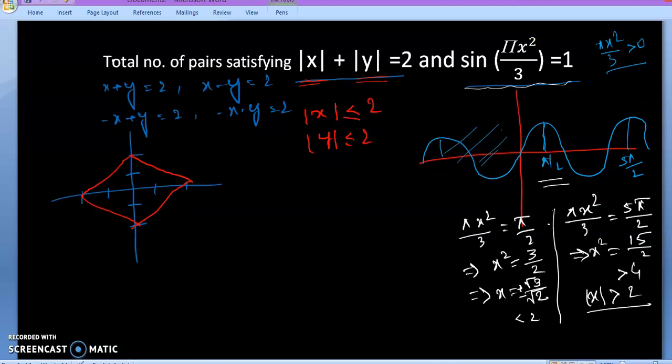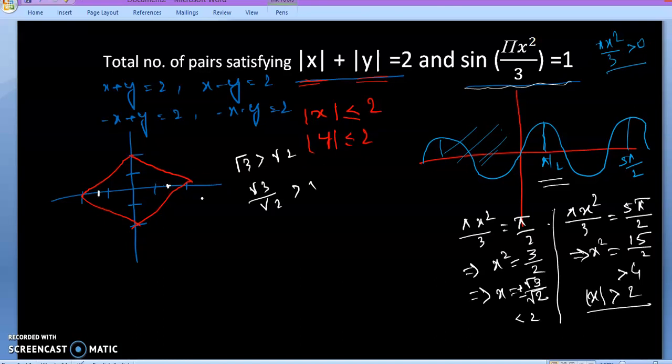Now, where is this value? Since root 3 is greater than root 2, root 3 by root 2 is greater than 1, so it lies here, and similarly minus root 3 by root 2 lies here.